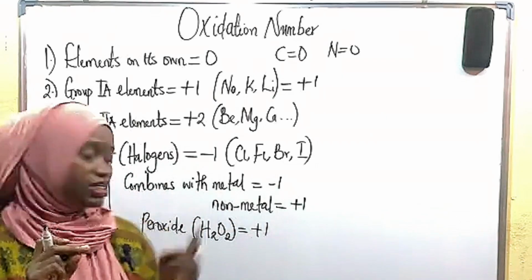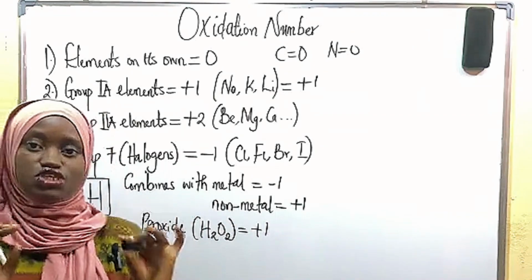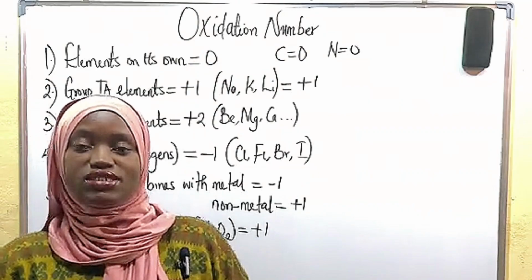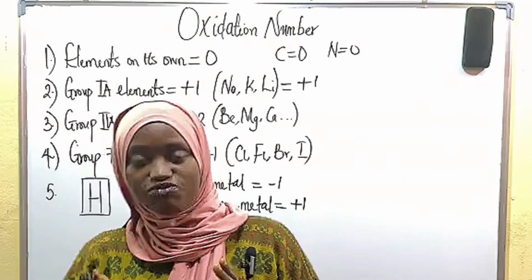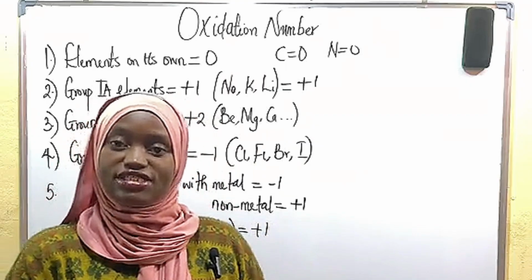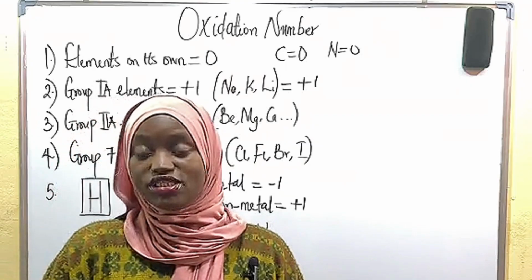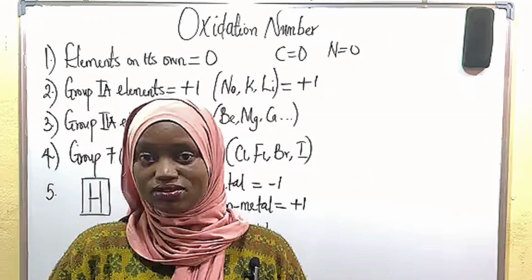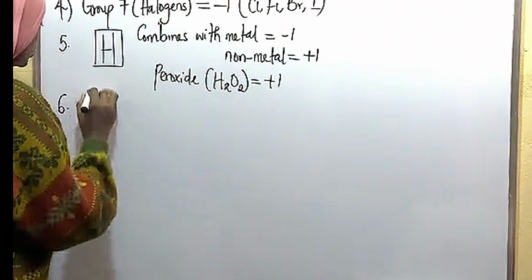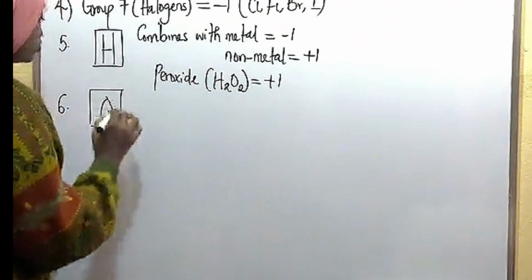So these are very important for us to take note. Moving on to the 6th rule. The 6th rule is concerned with oxygen. Usually, oxygen has an oxidation number of -2. But when oxygen exists as a peroxide, its oxidation number is -1. So let's put this into writing. Rule number 6 has to do with oxygen.